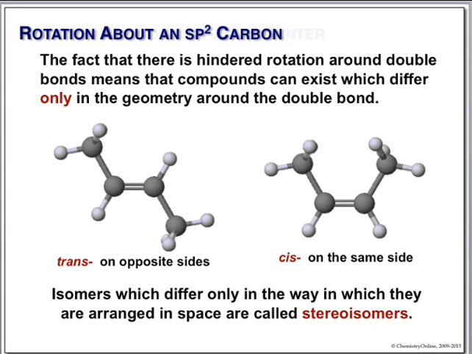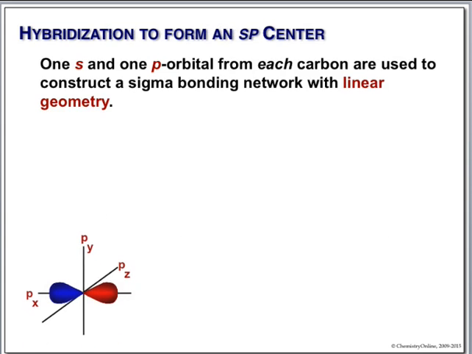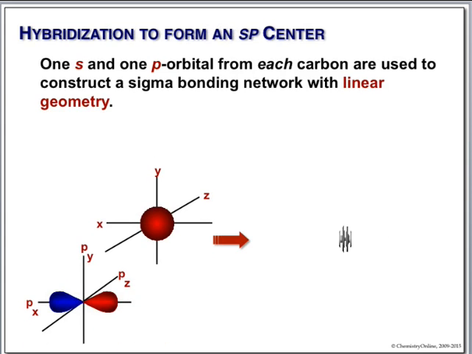There's one more formal bonding in carbon that I'd like to talk about. And this is going to be what's called sp. For sp, we have two orbitals that we're using. So we arrange these in such a way.